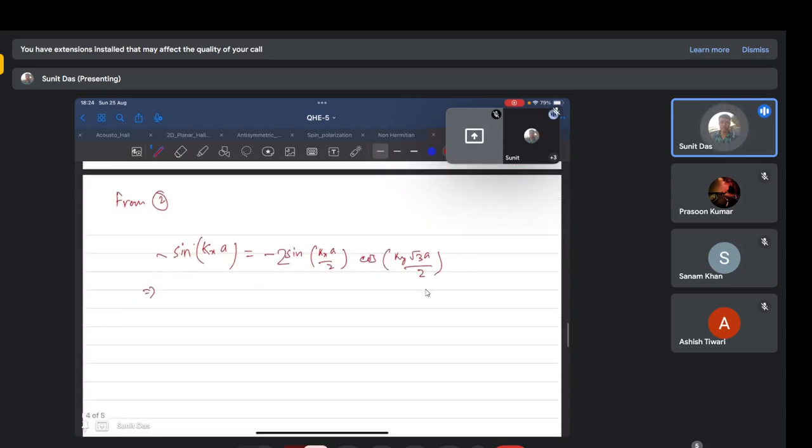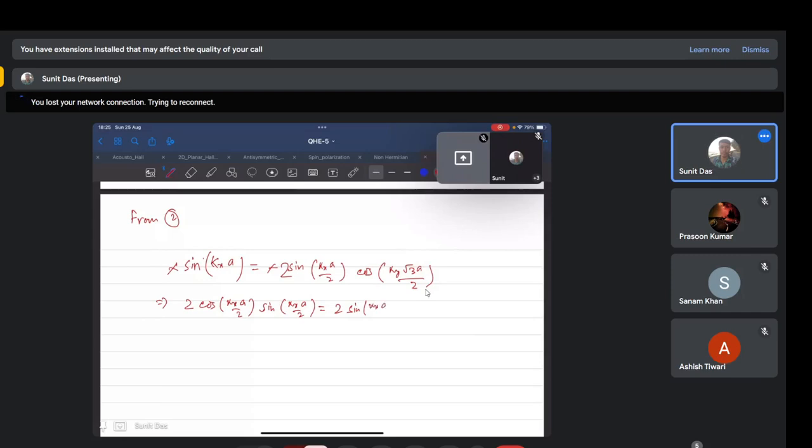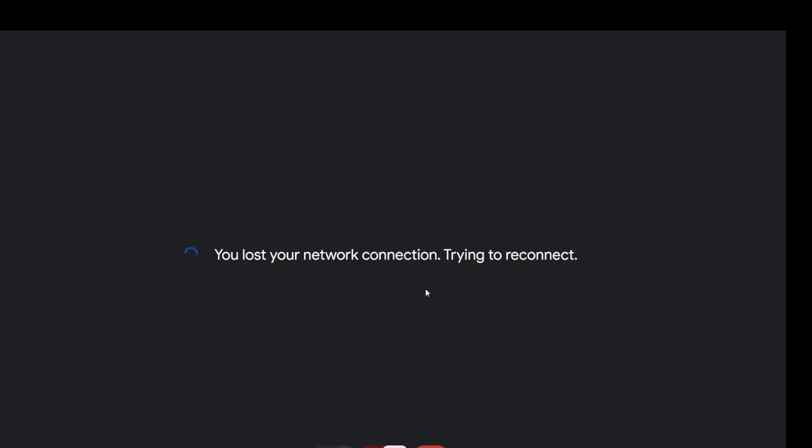So sine minus minus cancels out, and then 2 cos kxa by 2 sine kxa by 2 and then 2 sine kxa by 2 cos ky root 3a by 2.